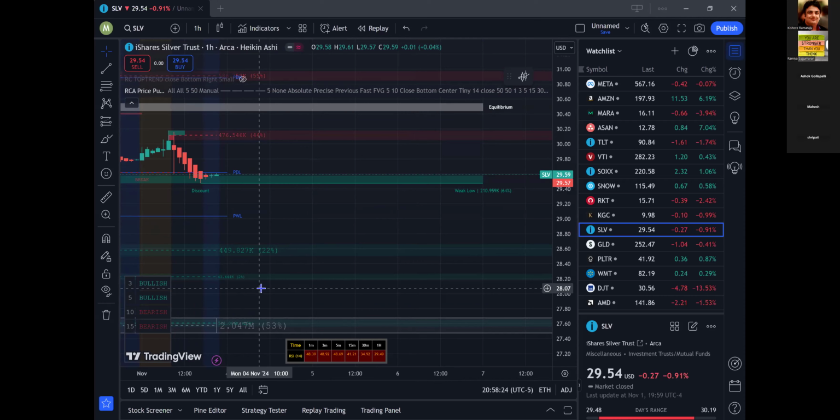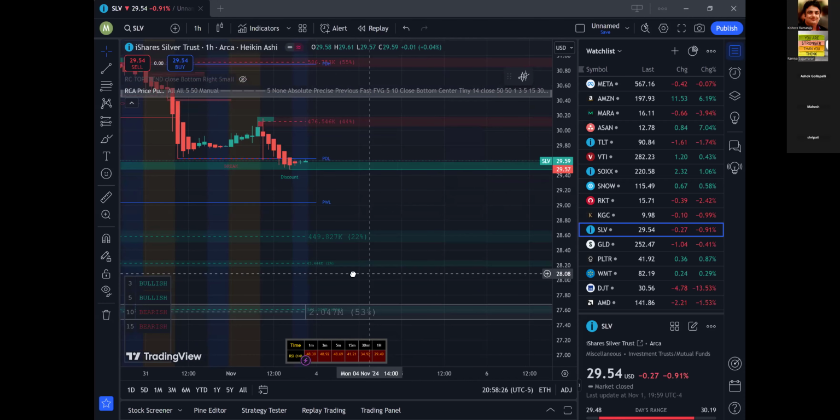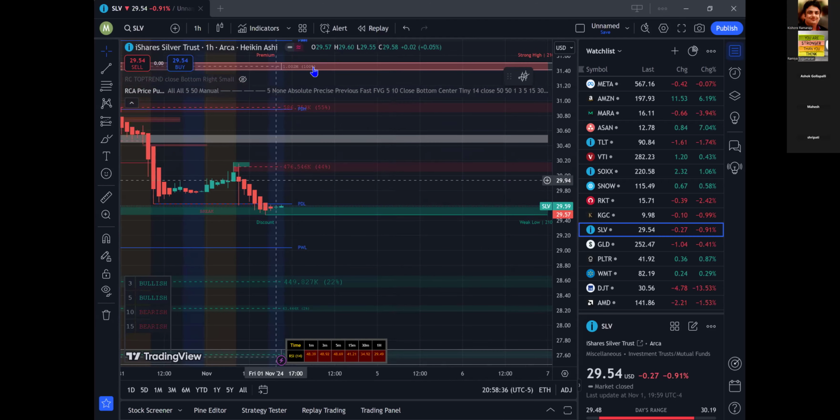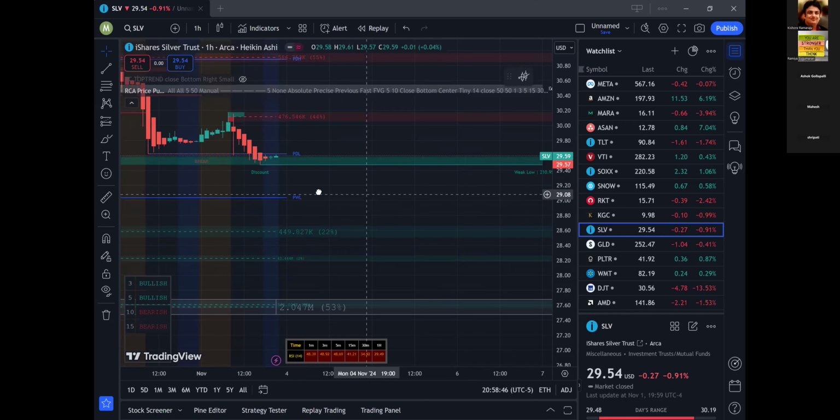So it may go a little bit up and again drop. Whether I need to take a trade here at the discount or at this one? Generally in the calls you are saying this is the premium and this is the discount. We need to always look for discount plus a big buy order block, or premium plus a big sell order block.